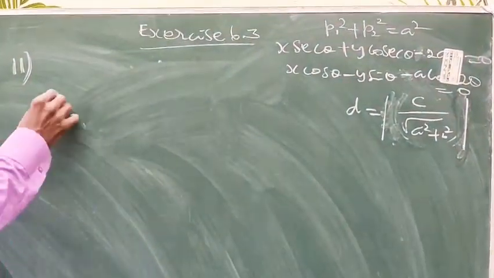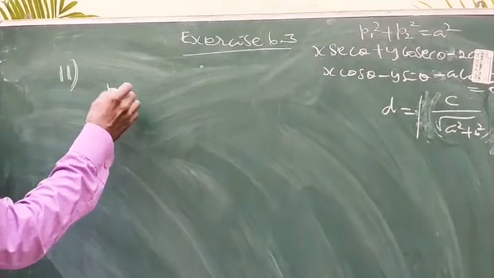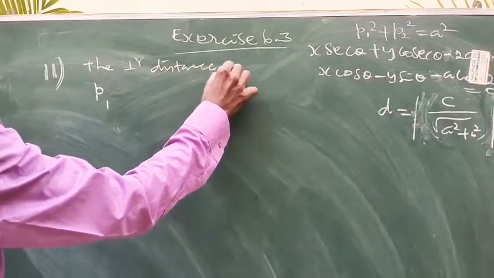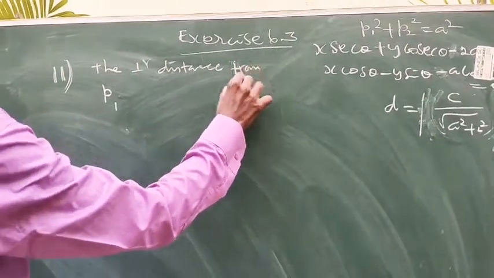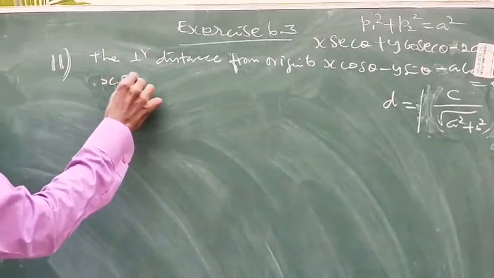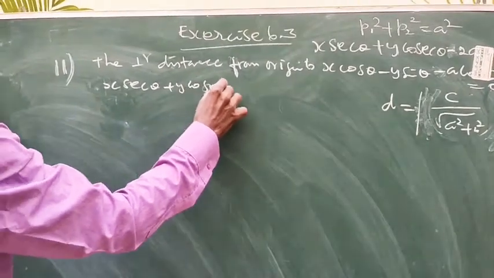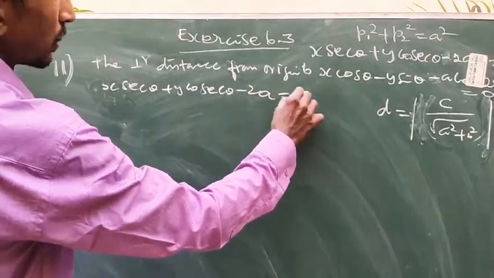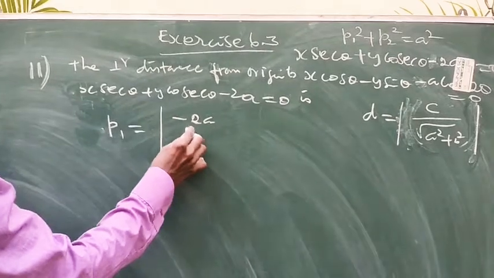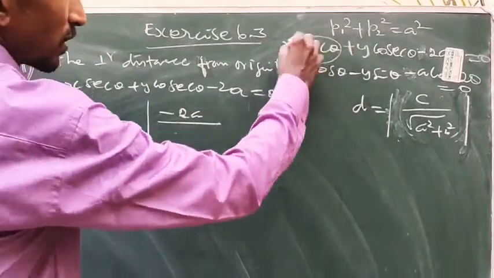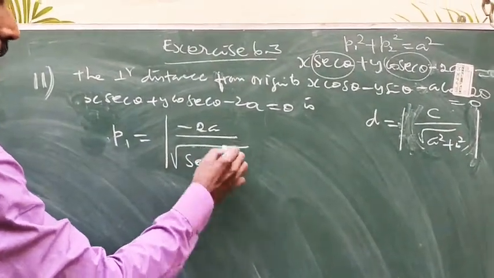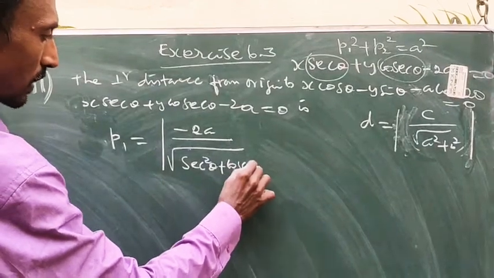So first, p1 equal to the perpendicular distance from the origin to x secant theta plus y cosecant theta minus 2a equal to 0, is p1 equal to modulus of minus 2a by, what is that, it is a small a and it is small b, so root of secant square theta plus cosecant square theta.